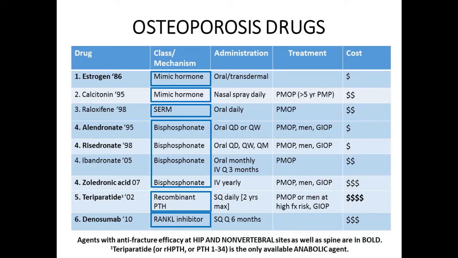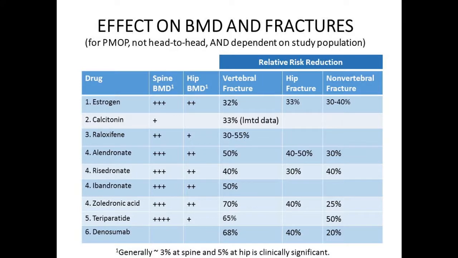Part of that is because it's hard to find high rates of hip fractures in some trials, but part of it is they're probably just not efficacious that way. And of these agents, number 5, teriparatide, recombinant PTH, is the only anabolic agent we have on the market. So all the others reduce bone turnover, but not many of them on their own will build bone. Teriparatide will. Okay, and this is, again, just a reference table showing you those exact same drugs.